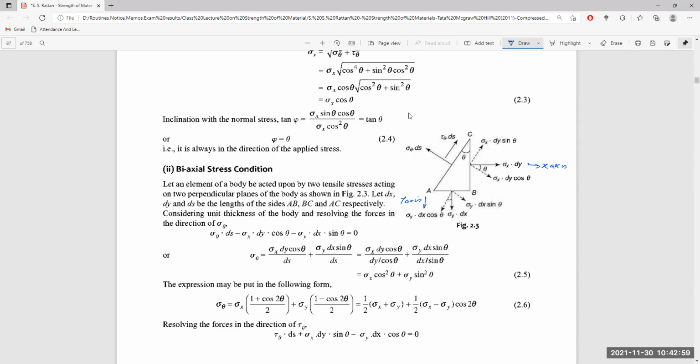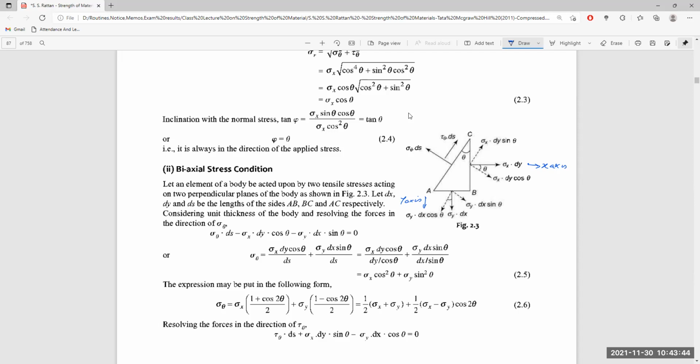So we have to find the component of sigma x multiplied by this length, the length of the side TC equal to dy, which is acting along the normal stress sigma theta, and the component of this force acting along the shear stress tau theta, of this force sigma y dy. Similarly, we calculated the component of the force sigma y dx, which is acting along sigma theta and along tau theta.